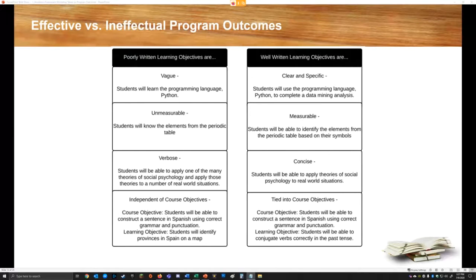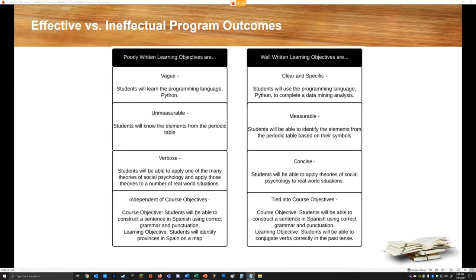Like for the first one, students will learn the programming language Python. Well, if anyone knows the gist of what Python is, it's kind of like Excel in terms of you can do infinite options with it. So when you say that students will learn a programming language that does infinite options, what does that mean? If a student just does one code, does that mean that they learned it?